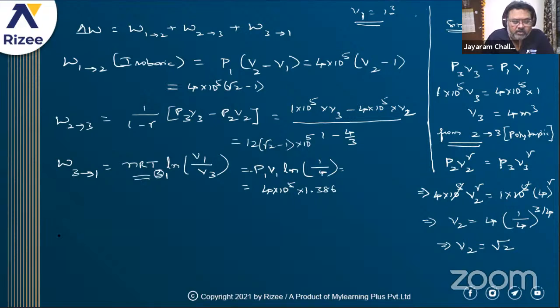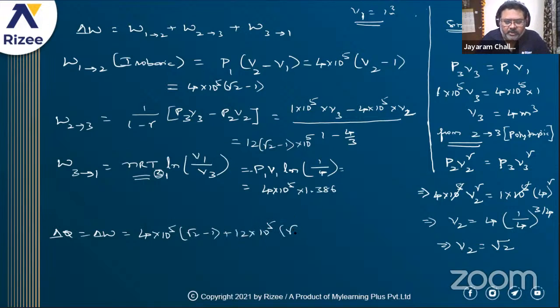Now substitute in the Q, as we know that delta Q is equal to the change in work done, which is equal to the work done of all these things. So substituting all these values: 4 into 10 to the power of 5 into root 2 minus 1, and the second term is 12 into 10 to the power of 5 into, again, root 2 minus 1, and the next term, the last one, will be negative, since the work done is negative because the volume is decreasing.